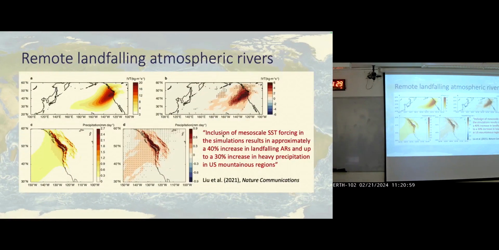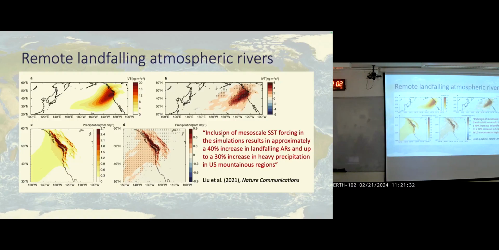Another nice example, remote landfall in atmospheric rivers. These are like real rivers that we have over the ground, but flowing on top of our head. They are defined as large amounts of water that flow in the air column above us. Again, it's a similar idea: running two simulations, one with eddies and another where they clean the eddy motion.